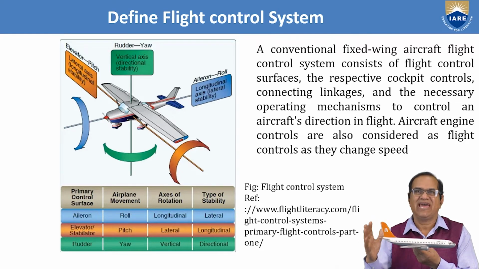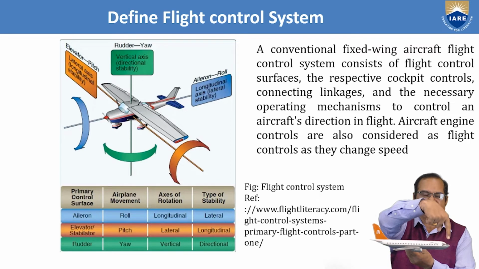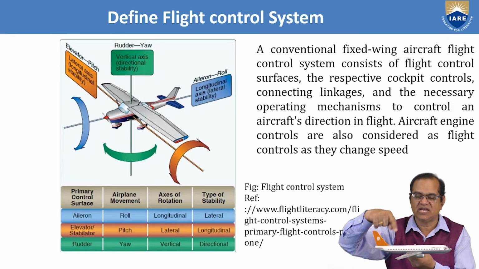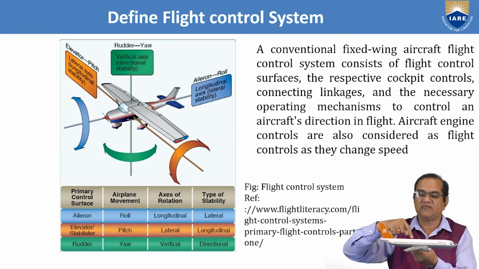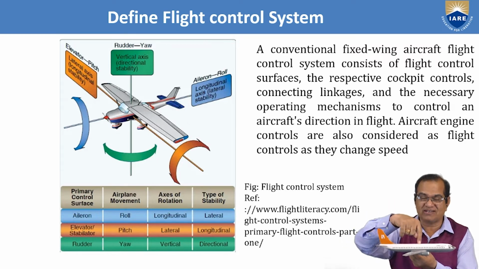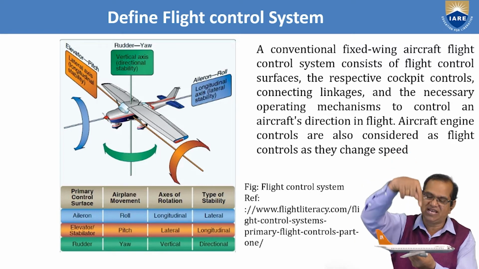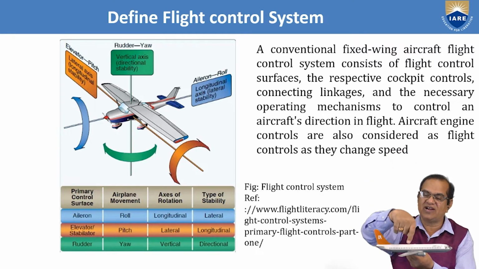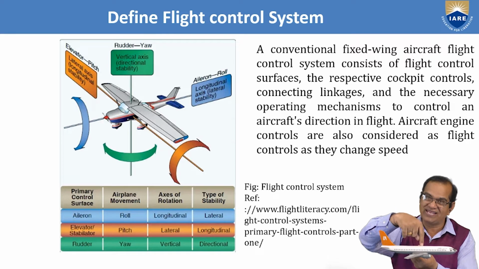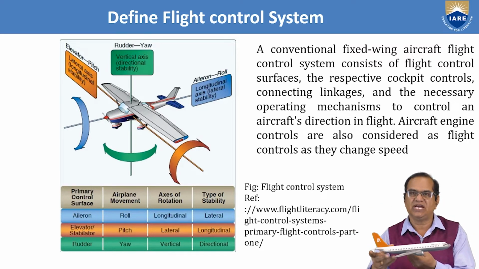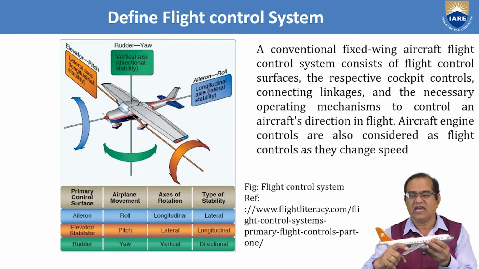The axis passing from nose to tail is called the longitudinal axis. The axis passing from wing tip to wing tip via the center of gravity is called the lateral axis, and the axis passing vertically at the intersection of the lateral and longitudinal axes via the center of gravity is called the vertical axis.